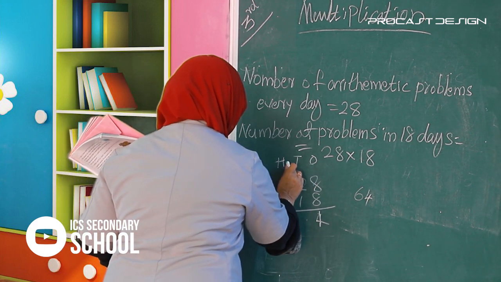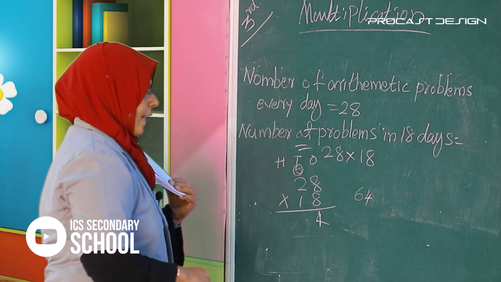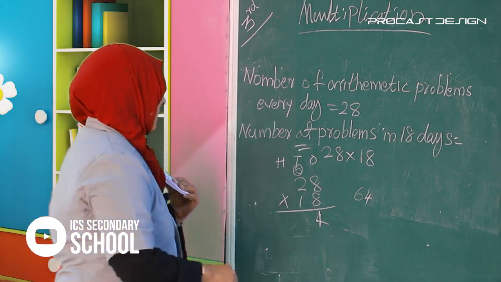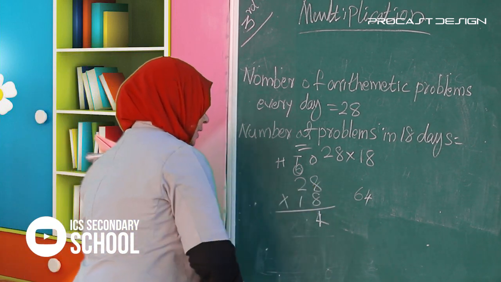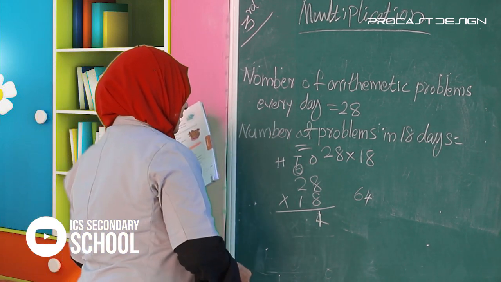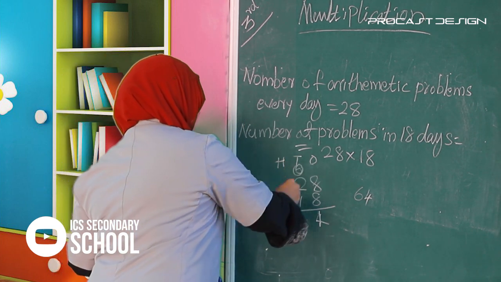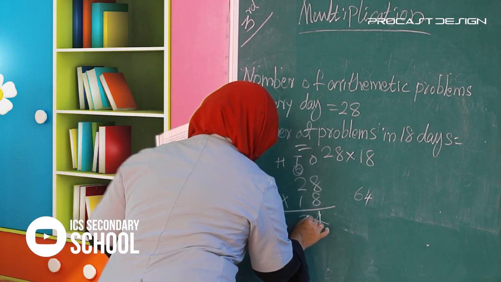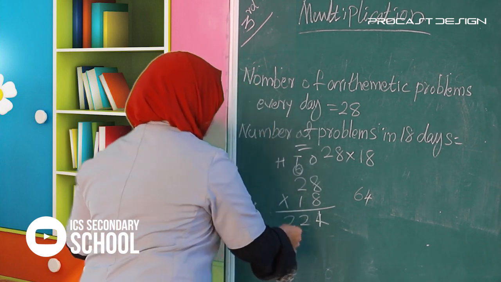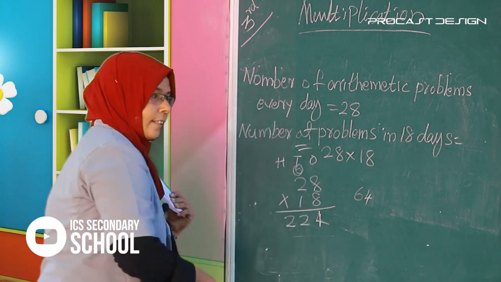Next, carry 6 on tens place. Next, 2 into 8 equals 16. 16 plus 6, 22. Listen, 2 in the hundreds place.